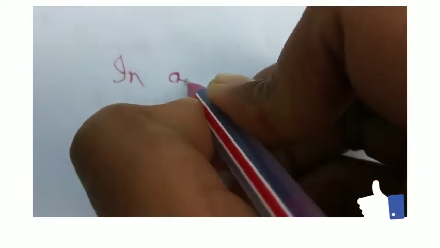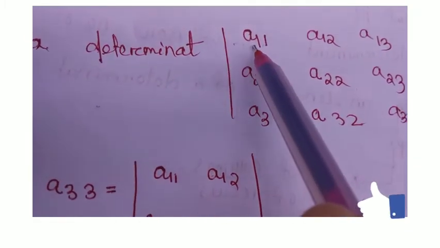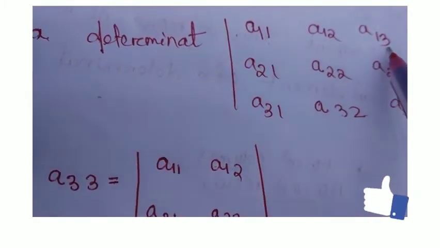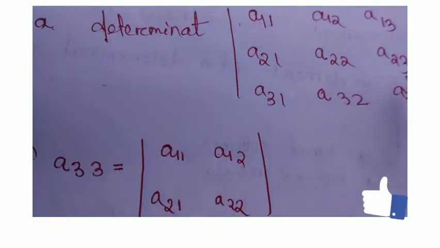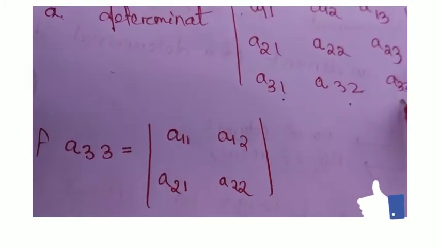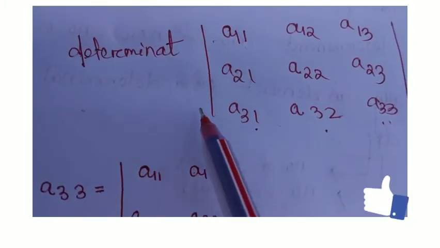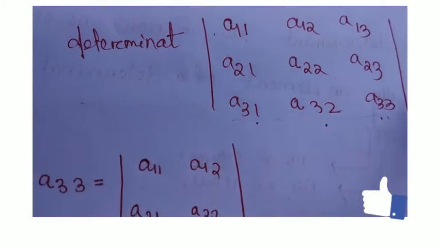Let us consider the determinant a11, a12, a13, a21, a22, a23, a31, a32, a33. We have to find the minor of this whole determinant.